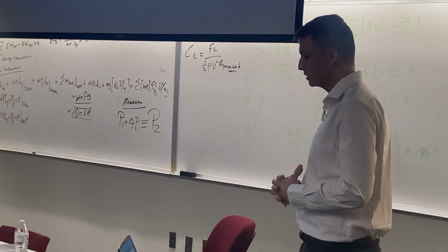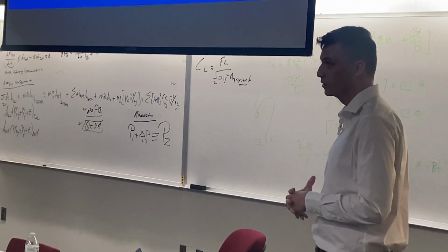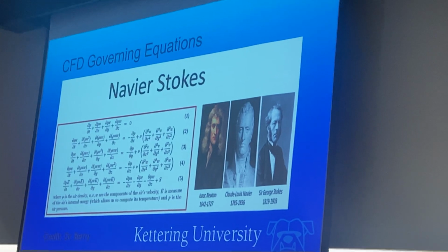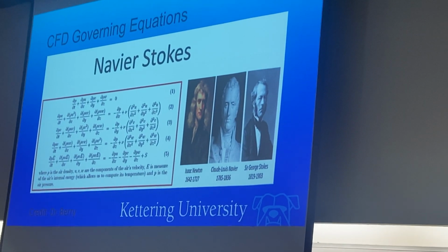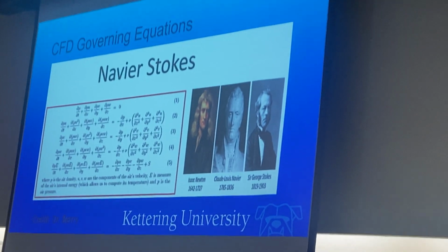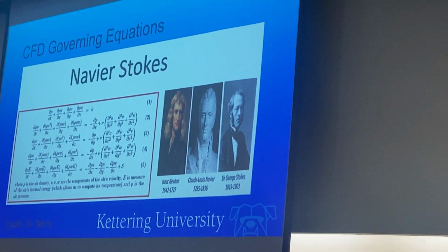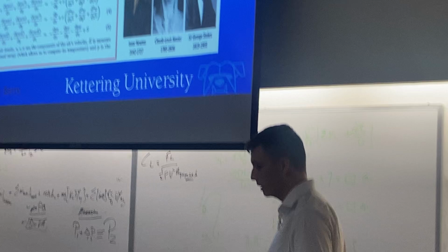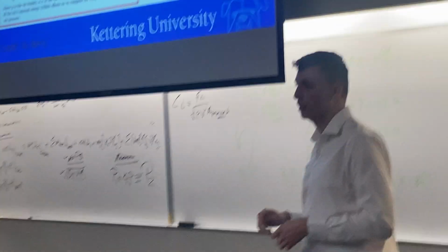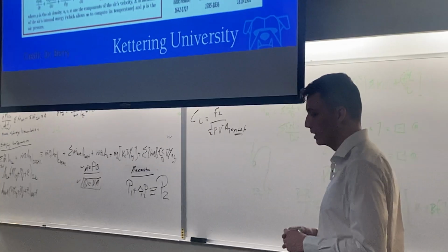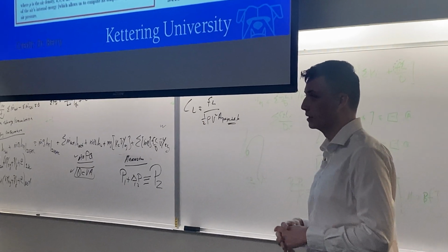And CFD is governed by the Navier-Stokes equations. That's kind of the fundamental idea. You create a mesh to solve for the values that you're looking for, and at every node and element you solve for these 5 Navier-Stokes equations. So that's part of the difficulty with CFD, is that it becomes computationally expensive.